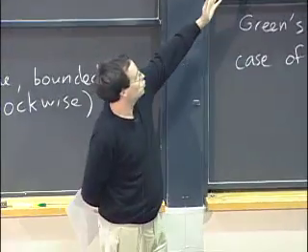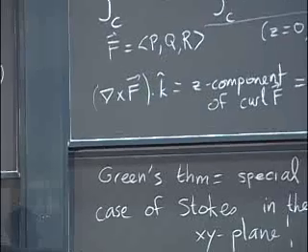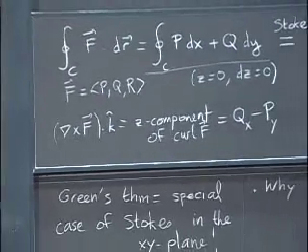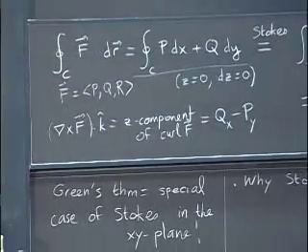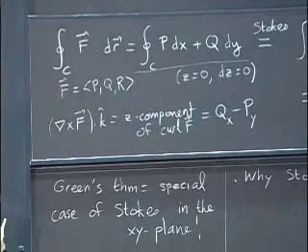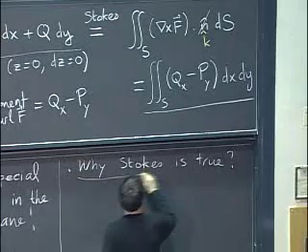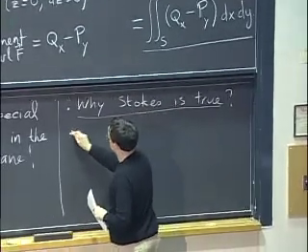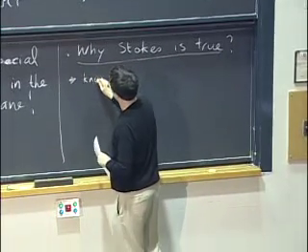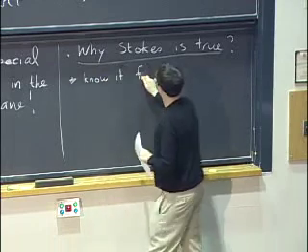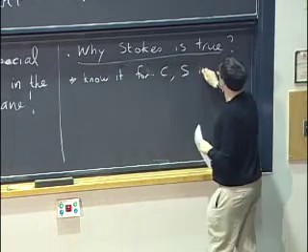Namely, we know the case where the curve is in the xy plane and the surface is a flat piece of the xy plane, because that's Green's theorem, which we bothered to prove a while ago. So first thing is, we know it for C and S in the xy plane.